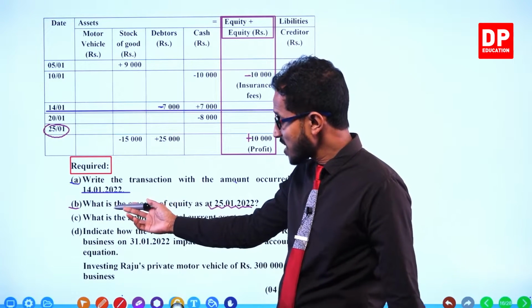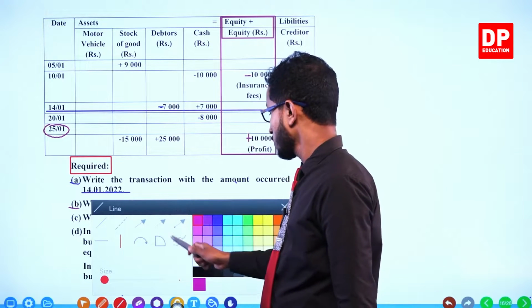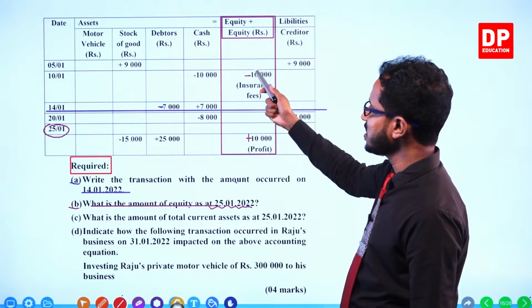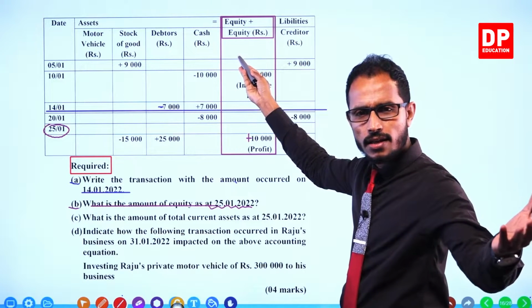Guys, the question is asking what is the amount of equity? What is the amount of equity as at the end of the month, as at 25th? But what is the equity as at first? The beginning.